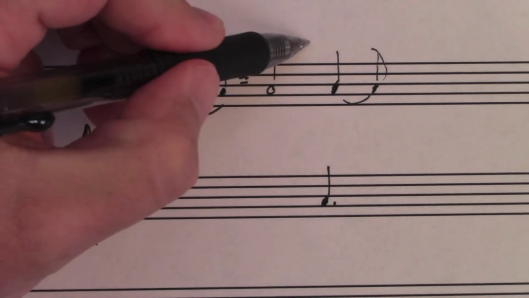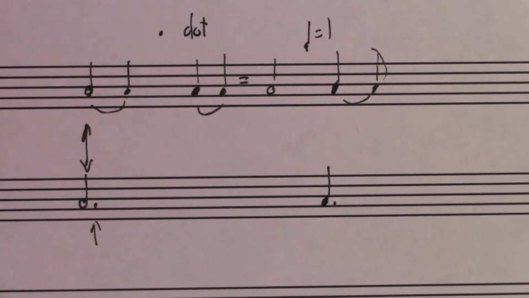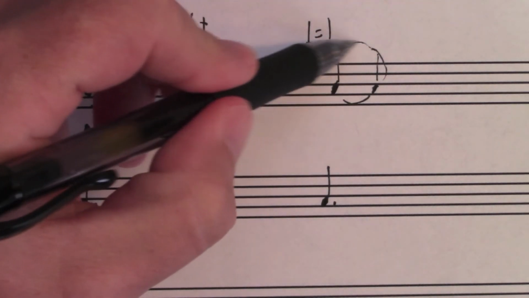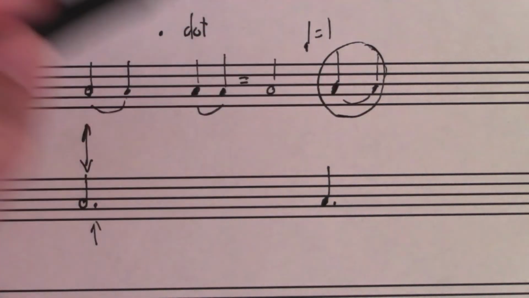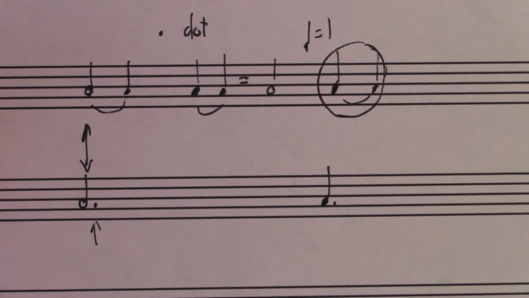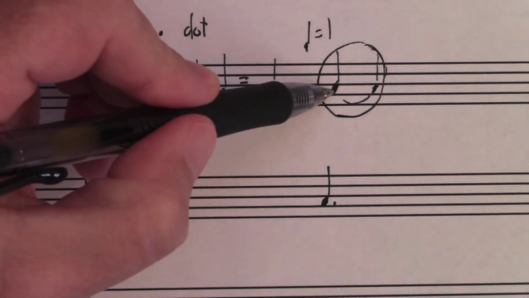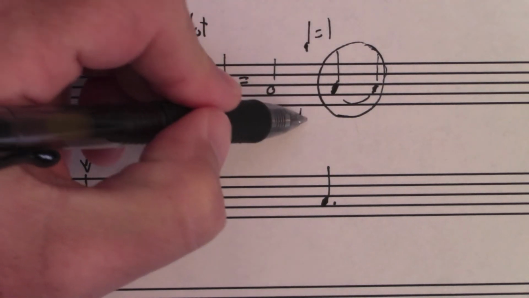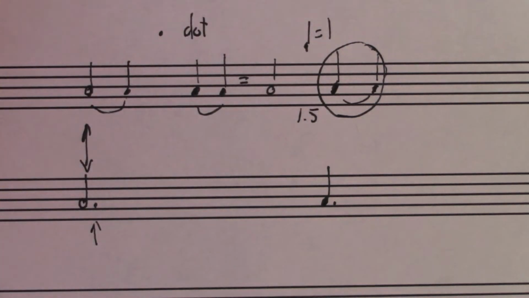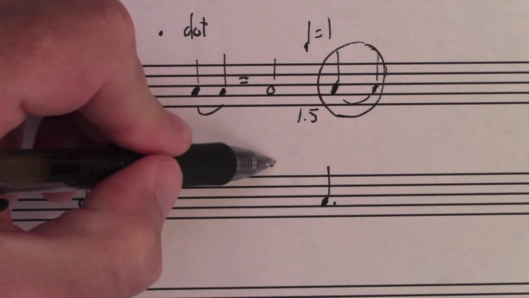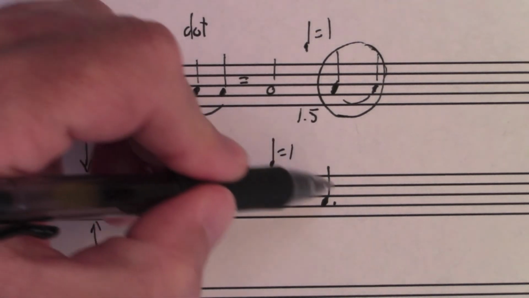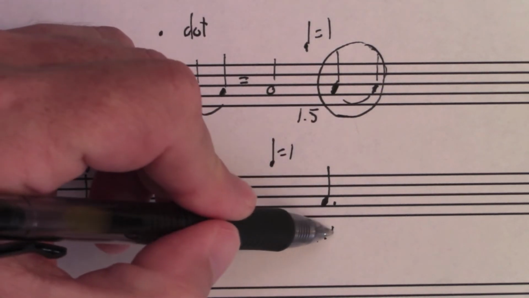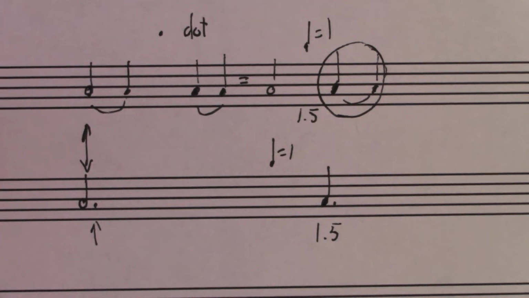If the quarter note equals 1, how much is a quarter note tied to an eighth note? Well, that would be 1 plus another half. So it would be 1.5. So if the quarter note equals 1, this would get 1.5 beats.